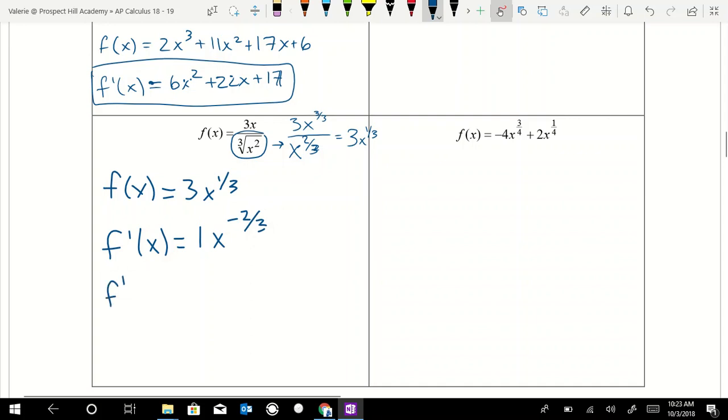So f prime of x equals 1 over the cubed root of x squared.